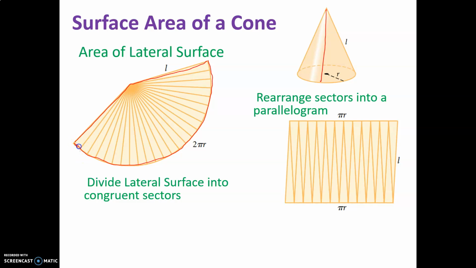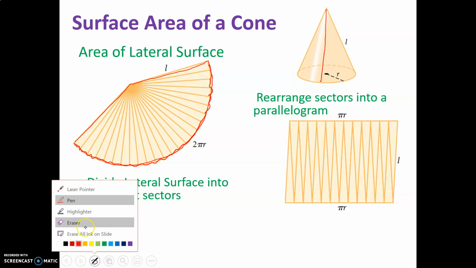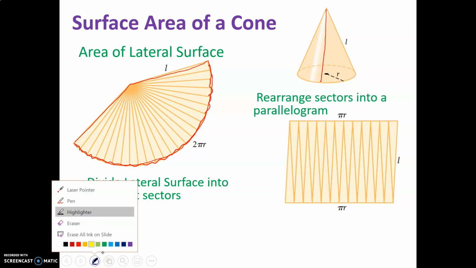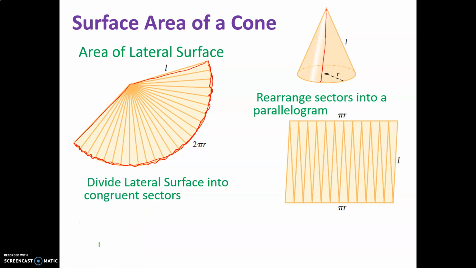Now, again, when I did this before, I had a green marker that went across here. I want the highlighter, and last time I did it in green, let's do it in green again. So this piece here used to go around the bottom here, so it is a circumference, 2 pi r.